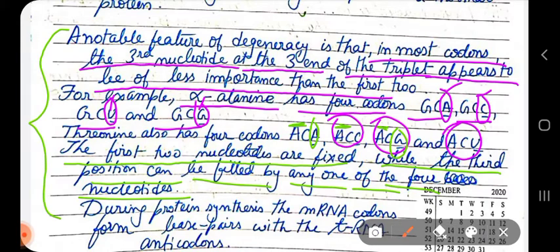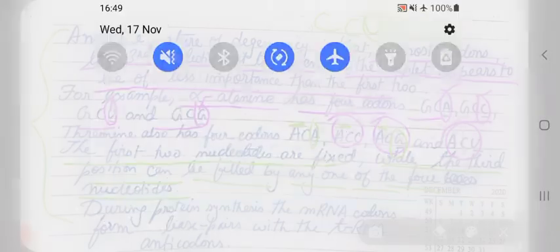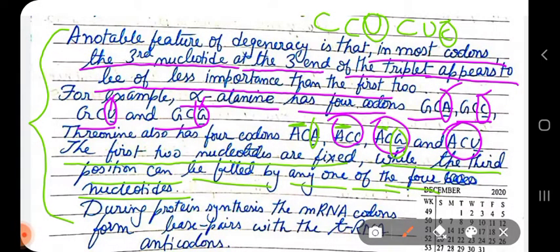That is the reason why, even after mutation of the third position, it will still code for the same amino acid if it shows complete degeneracy. But if it shows partial degeneracy, like leucine, which only has CUU and CUC, with no CUA or CUG, then it may be affected to some extent.